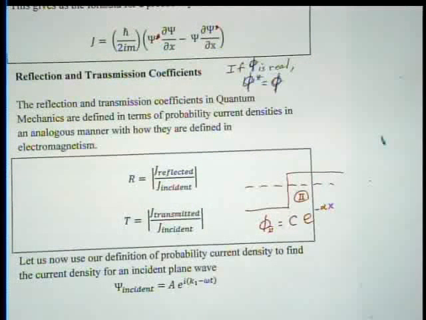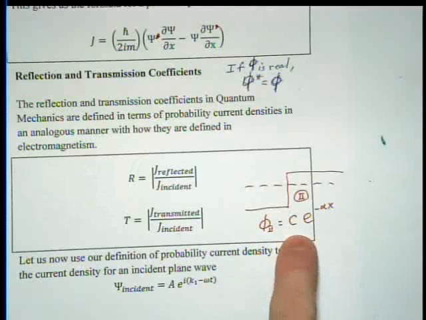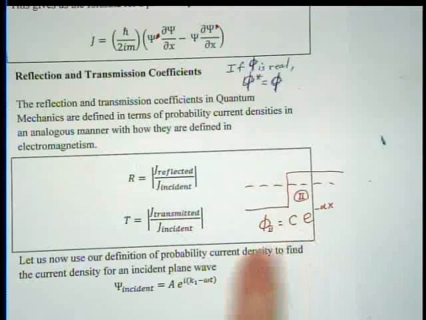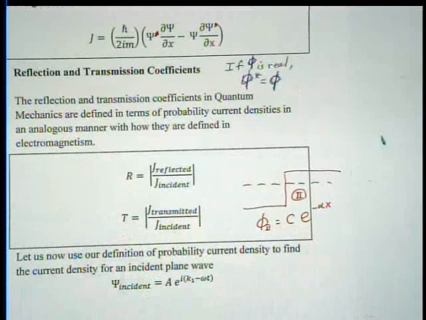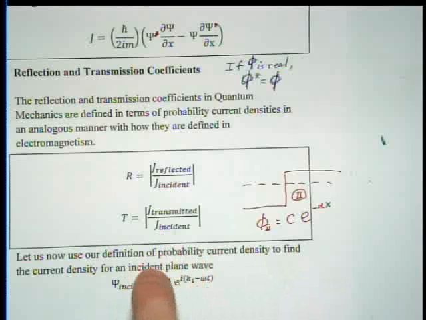That's a real function. So therefore, what will be the current density of this transmitted part? 0. When you put 0 divided by something, you get 0. So t is 0, so what's r? 1. You can calculate all the k's and prove that on r, but that was an easy calculation, so that's my choice.